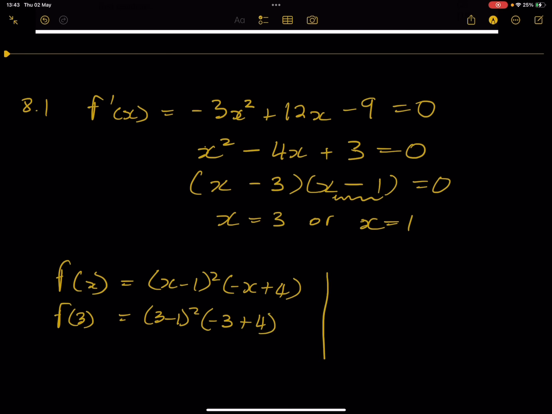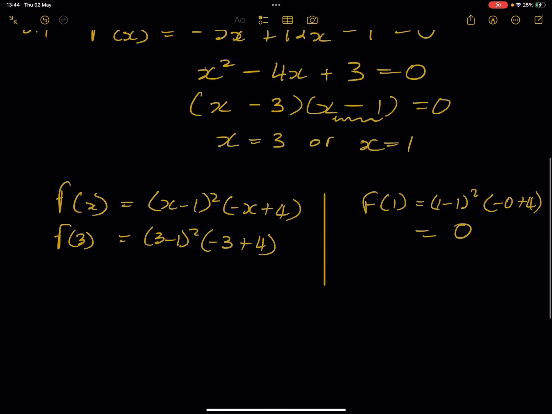Okay, and the other y value, that's f of 1. That would be 1 minus 1 all squared, times minus 1 plus 4. Already I know that it should be the y-intercept, right? Okay, so this would already give us 0.